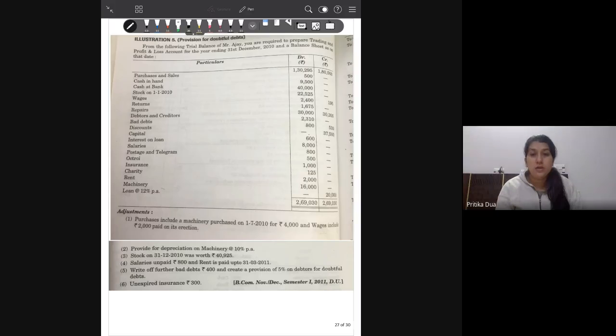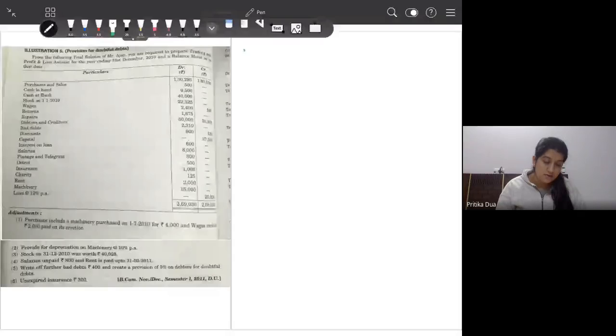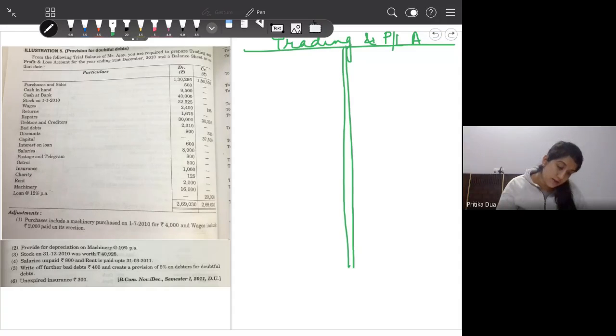And what I'll ask you people is to start posting all the entries in the respective accounts. तो आप स्टार्ट करो कैसे कैसे कौन सी एंट्री कहाँ पर आएगी. ट्रेडिंग एंड P&L अकाउंट एंड बैलेंस शीट.